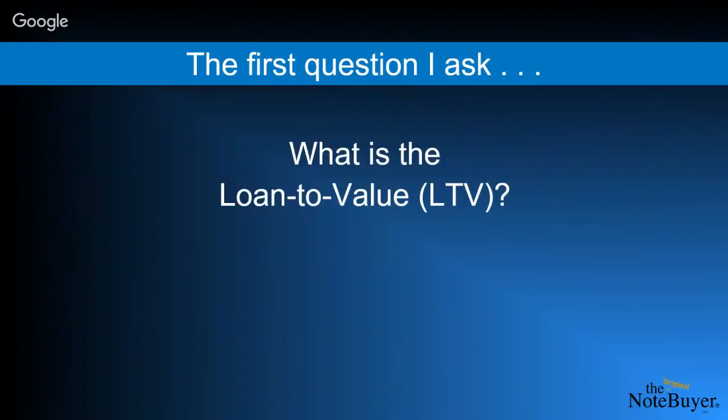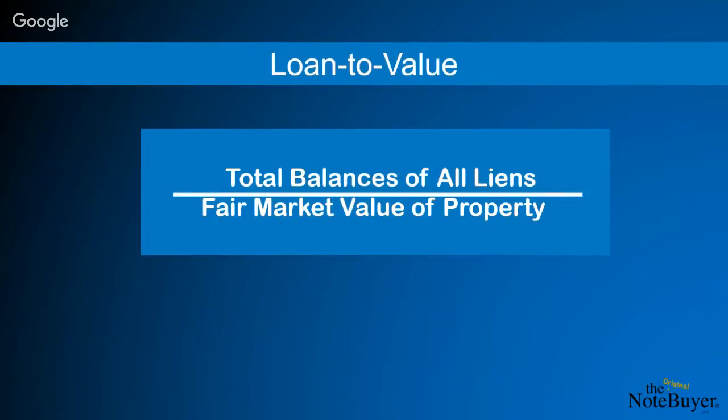To determine that, we're going to look at the loan to value, or commonly known as the LTV. The LTV is a measure of how much financing is on the property. So it's the total balances of all the liens divided by the current fair market value of the property.